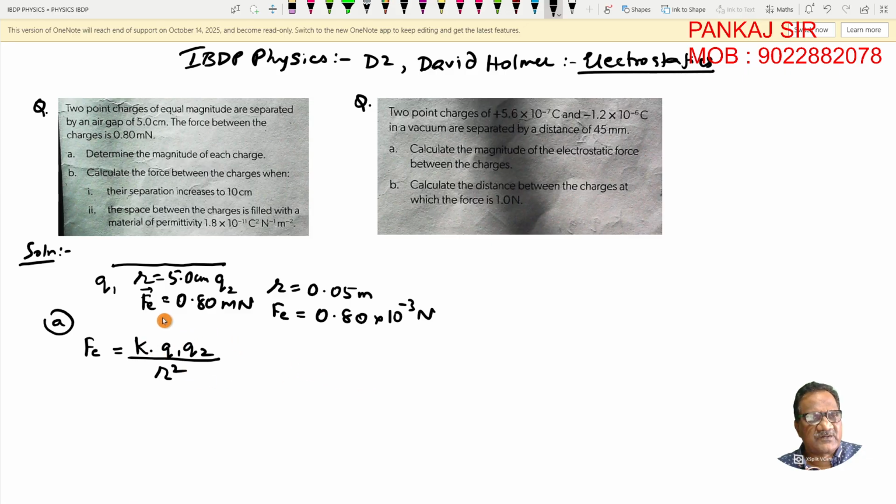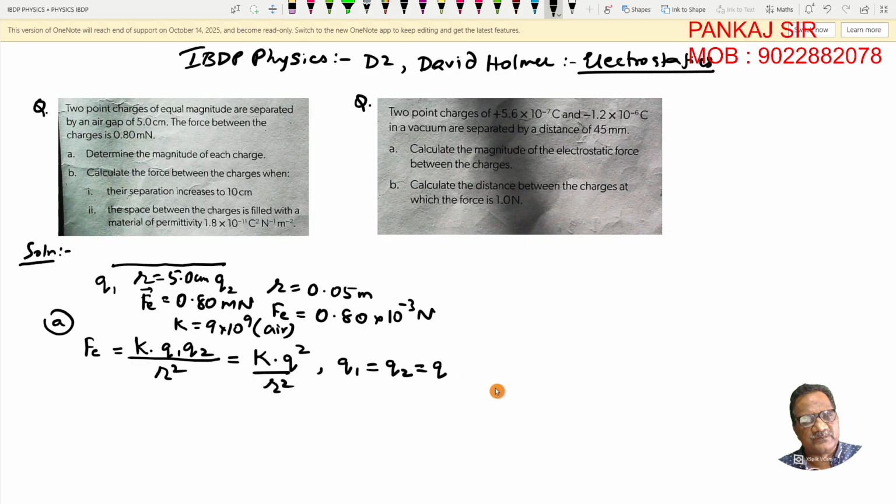Now because these charges are kept separated in an air gap, your K will be equal to 9 into 10 raised to 9, because the medium is air. And because Q1 and Q2 are both equal, both can be taken as Q. So this formula can be written as K Q square upon r square, because Q1 is equal to Q2 is equal to Q. And the force is given to you as this.